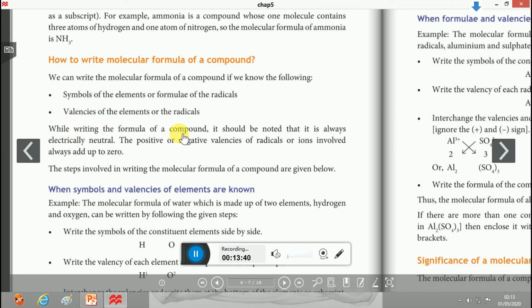While writing the formula of a compound, it should be noted that it is always electrically neutral, and this is the main key guideline for writing the molecular formula. That means the total positive charge must be equal to the total negative charge.